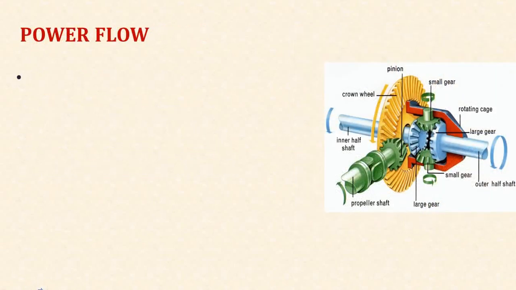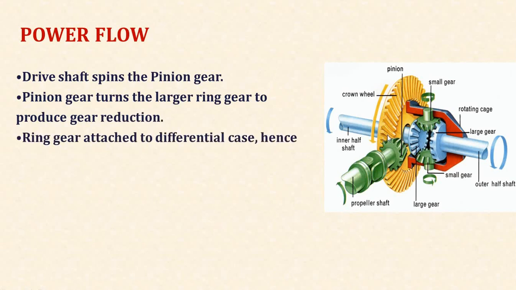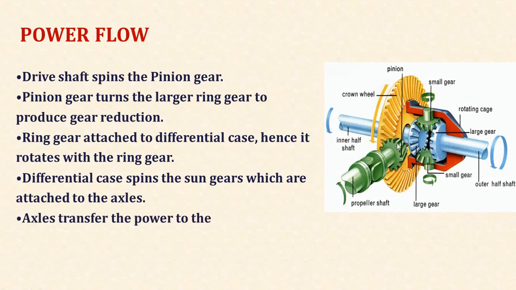So let's discuss the power flow of the differential, as we have already discussed the names of the parts associated with differential. In power flow, drive shaft spins the pinion gear. Then pinion gear turns the larger ring gear to produce reduction. Ring gear is attached to the differential case, hence it rotates with the ring gear.